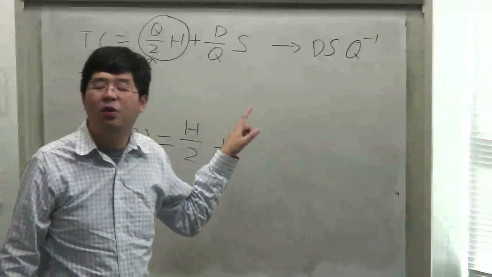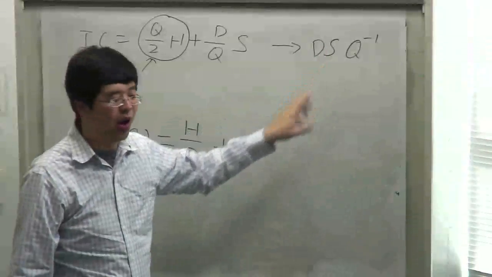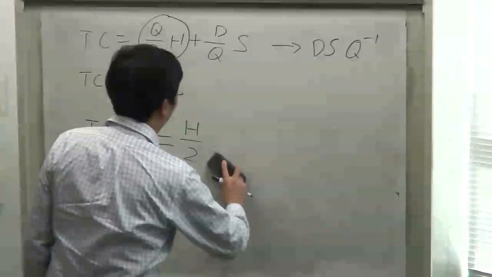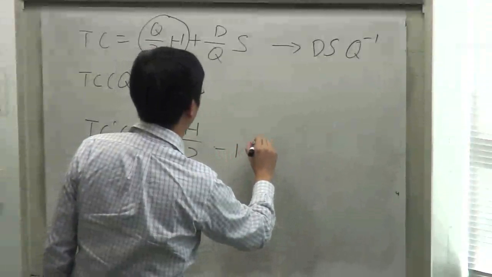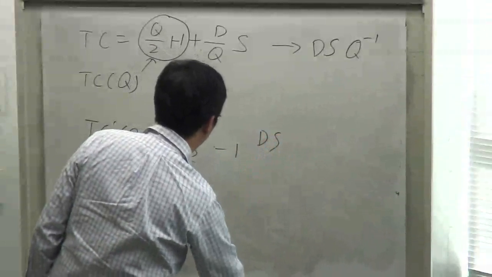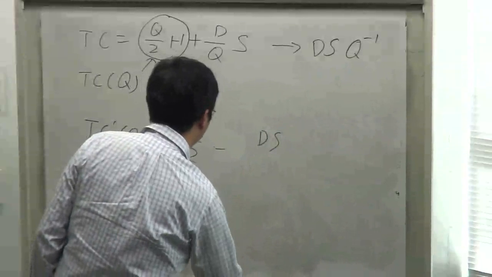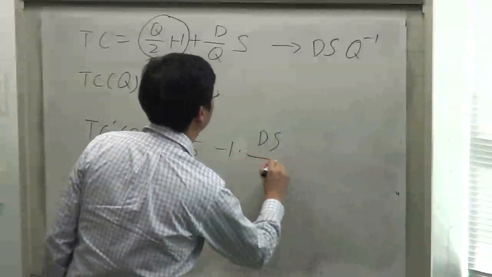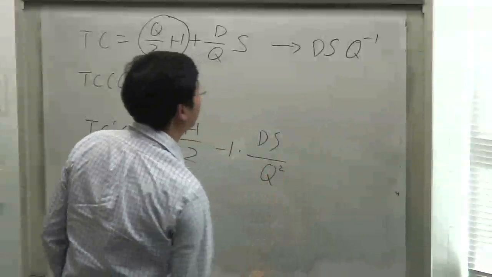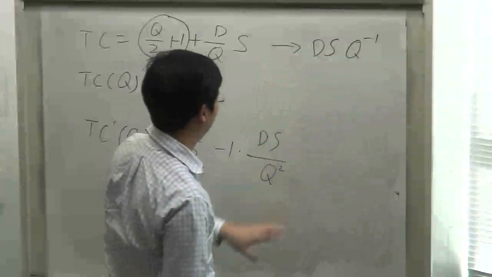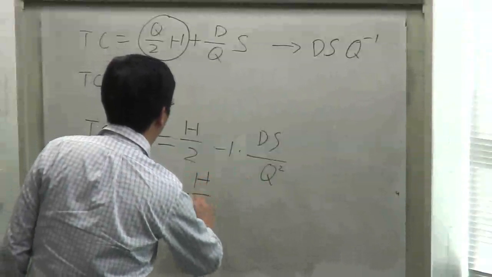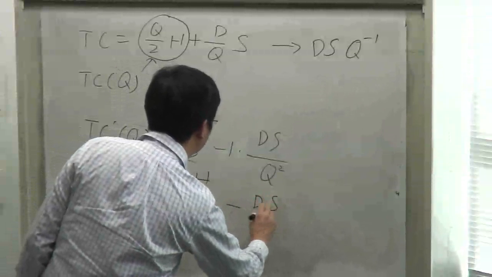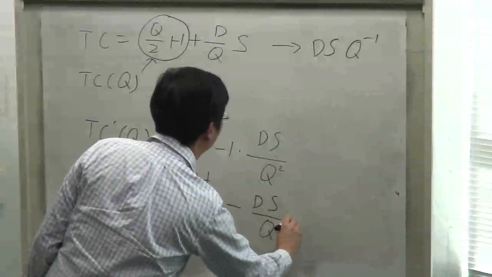If we take the derivative of this function, we take the negative exponent outside, so it's still DS, times negative 1, so it's negative DS divided by Q squared. So you get H over 2 minus DS over Q squared equal to 0.